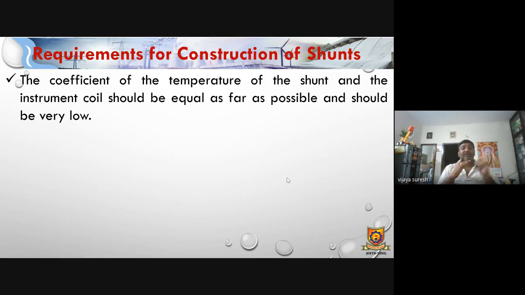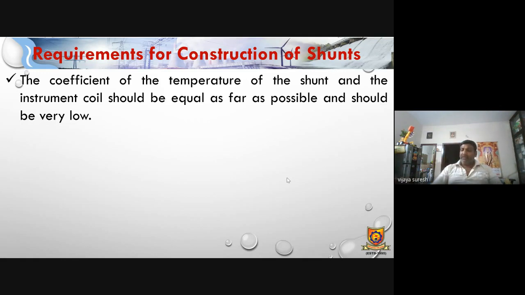So the temperature coefficient of the shunt and the instrument coil should be equal as far as possible and should be very low. Why are we discussing temperature coefficient? The resistance should not vary as the temperature changes.